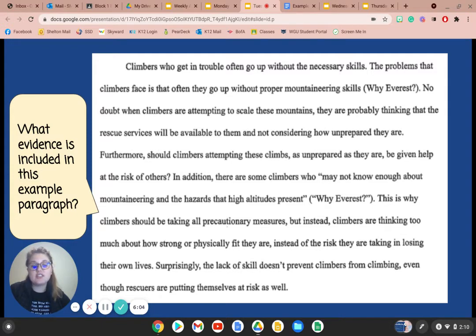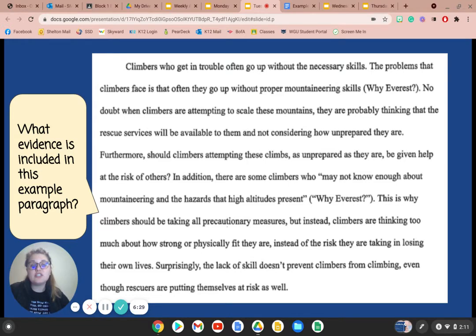In addition, there are some climbers who may not know enough about mountaineering and the hazards that high altitudes present. This is why climbers should be taking all precautionary measures, but instead climbers are thinking too much about how strong or physically fit they are instead of the risk they are taking in losing their own lives. Surprisingly, the lack of skill doesn't prevent climbers from climbing, even though rescuers are putting themselves at risk as well.